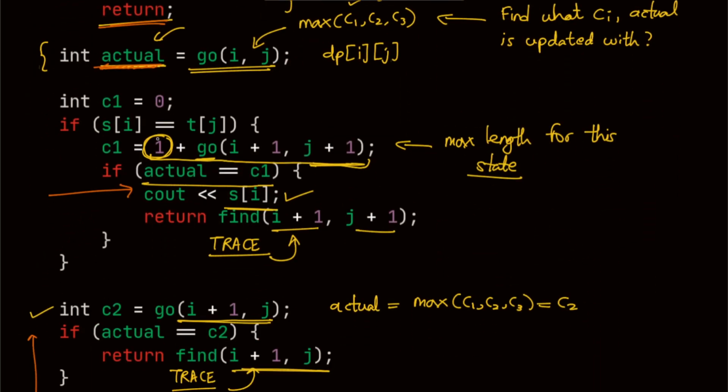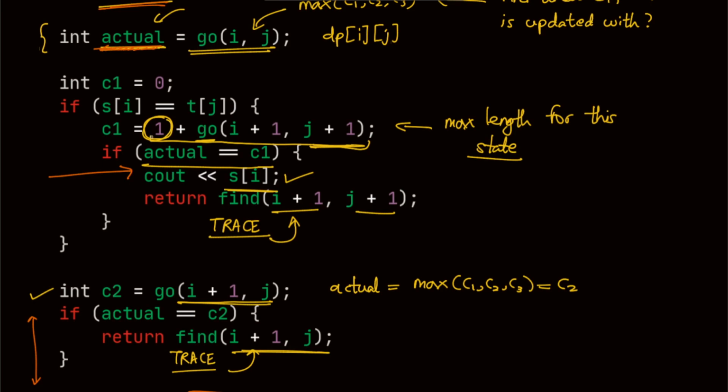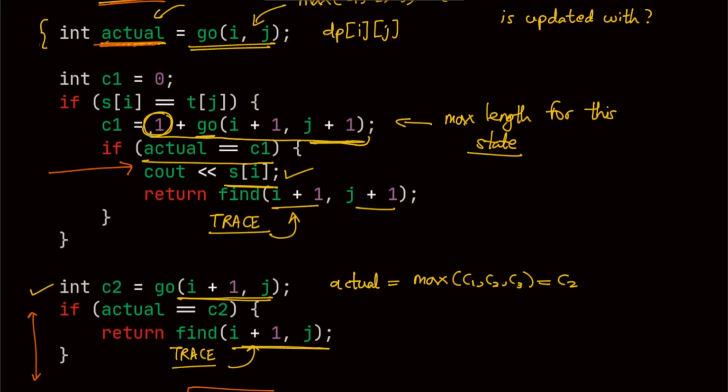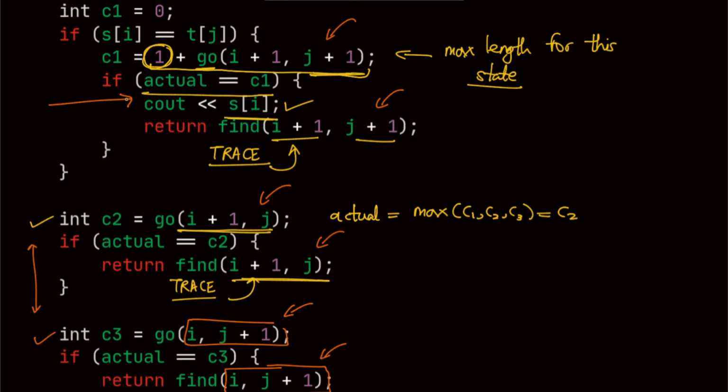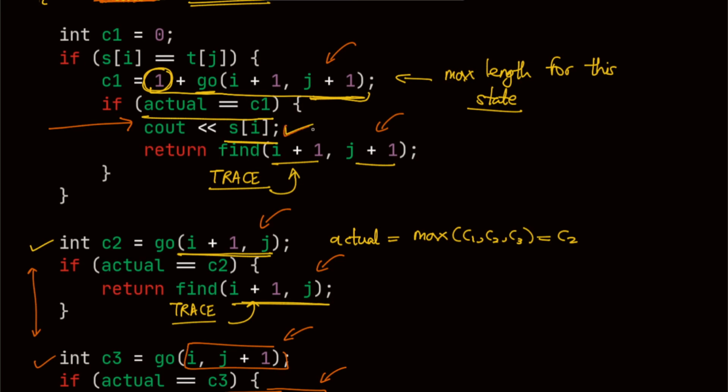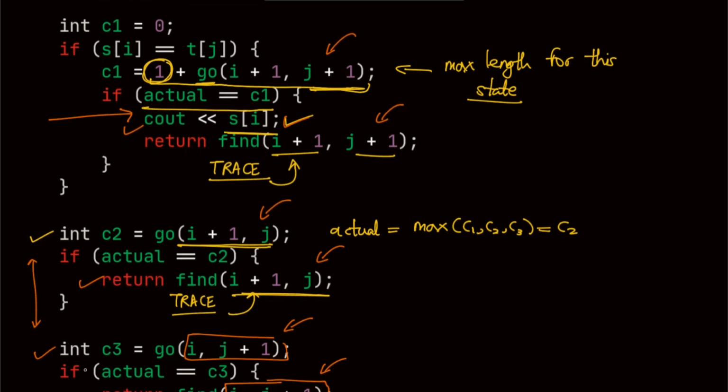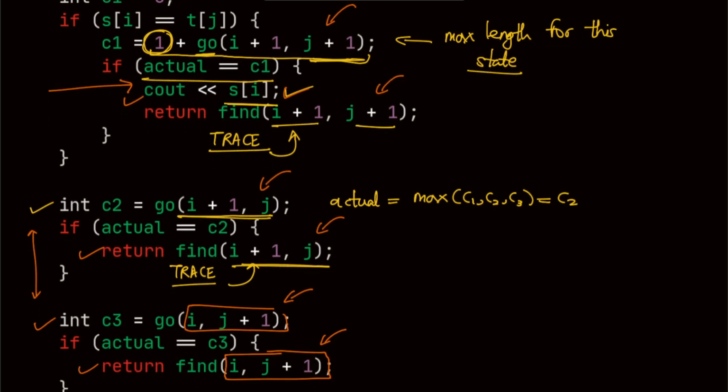So you just check whether the actual answer is c1, c2 or c3, and depending on that you move on to the next state, which would be the same as the state of that choice. So these tracing states and the choice states are as they are. Just check, according to any problem that we are going to solve, whether we need to print the answer there or not, and evaluate the tracing function from the remaining states.